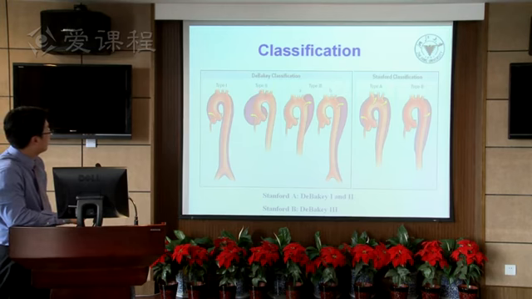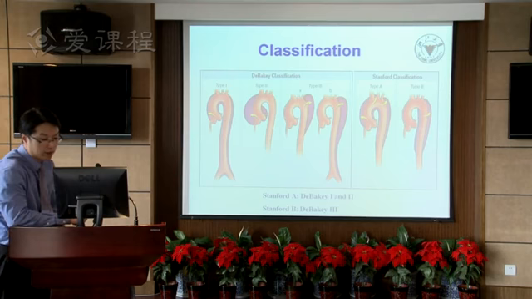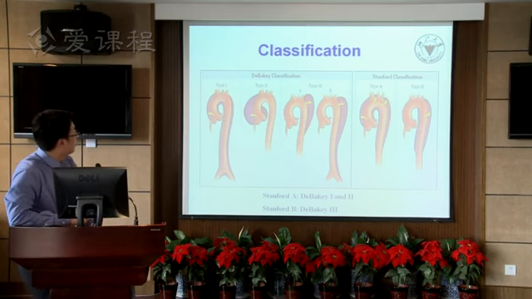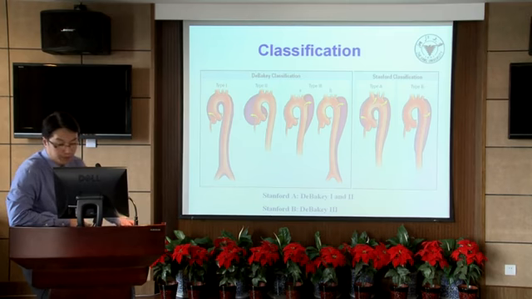Type 2, the intimal tear is on the ascending aorta, but the separation is localized to the ascending aorta. Type 3, the intimal tear is on the descending aorta. The separation is localized to the descending aorta or extends into the iliac artery.